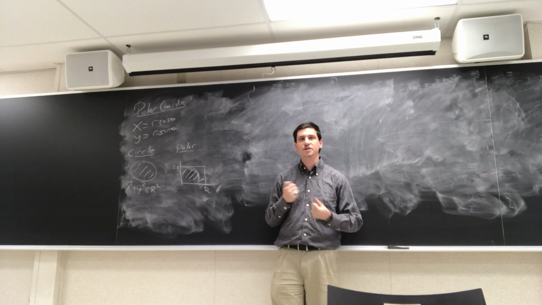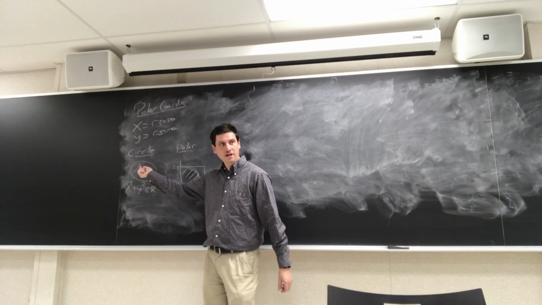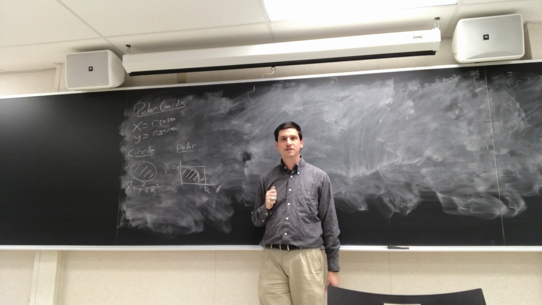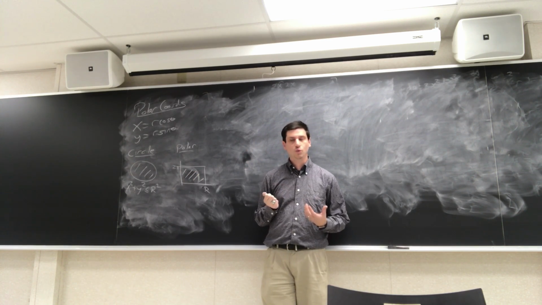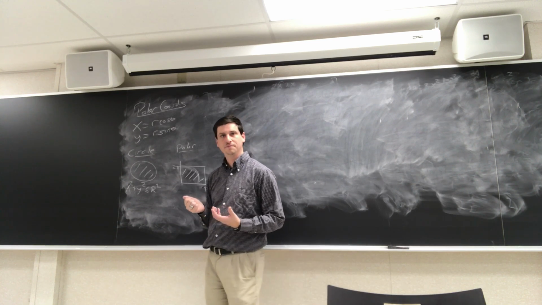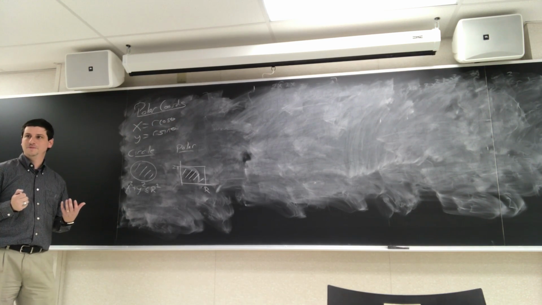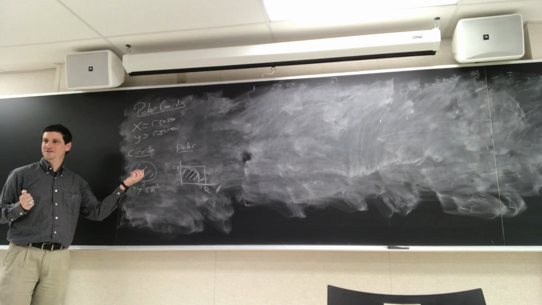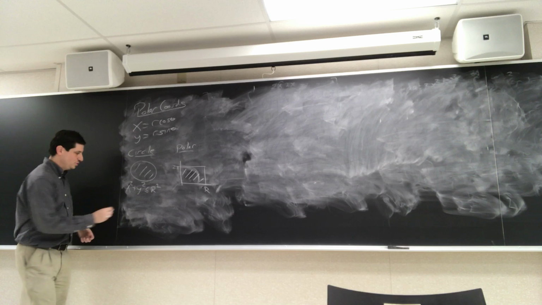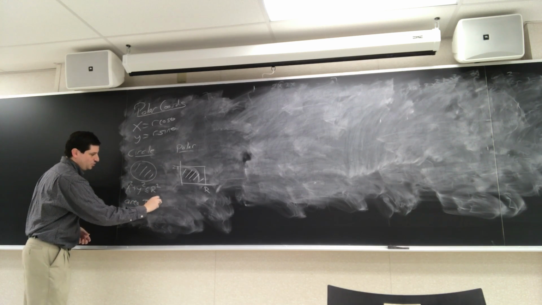But we need to figure out what the exchange rate is. How should we measure the infinitesimal area here? Let's take a circle of radius 1. What's the area of a circle of radius 1? Pi. And of the circle of radius r? Pi r squared. So this has area pi r squared.